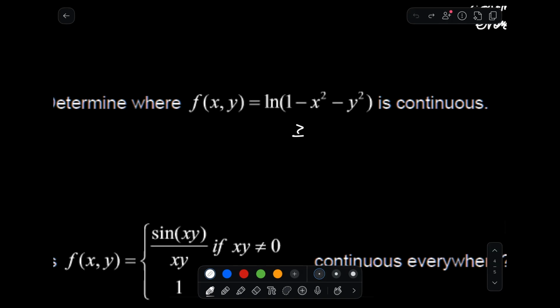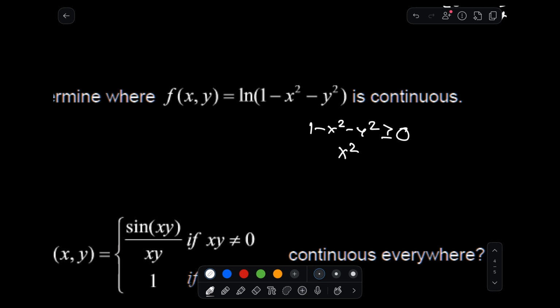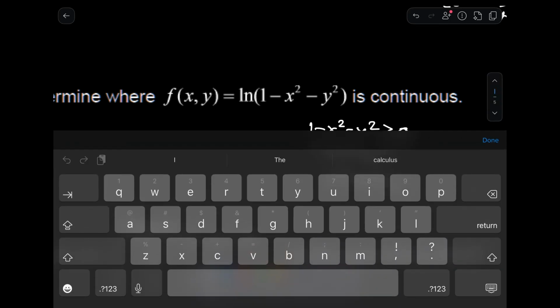So we can say that 1 minus x squared minus y squared is greater than 0. We move the x squared plus y squared to the other side, we flip, and then we get this. x squared plus y squared is less than 1.